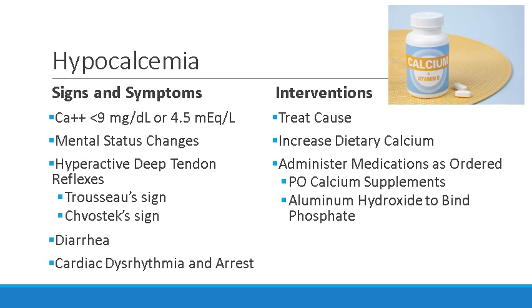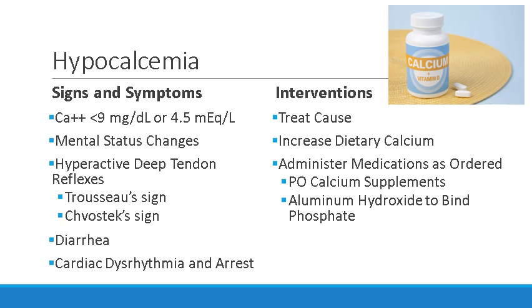With PO calcium supplements, it's important that they're given about 1 to 2 hours after a meal because they'll be better absorbed. So just something to keep in mind when you look at your order sets, that it's best to give them 1 to 2 hours after a meal.